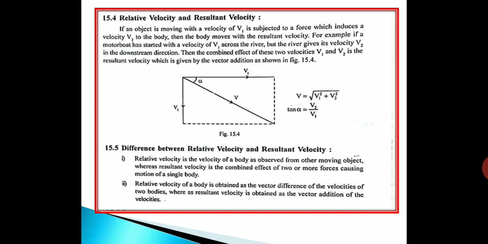Secondly, relative velocity of the body is the vector difference of the velocities, whereas the resultant velocity is obtained by vector addition. That means when we want to get relative velocity, we take the difference of the velocities, whereas when we want resultant velocity, we take the addition of the velocities. Okay, so this is the concept of relative velocity and resultant velocity.